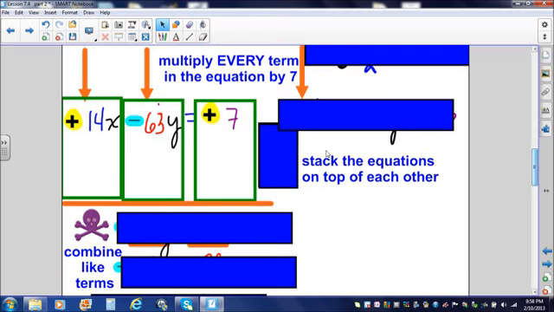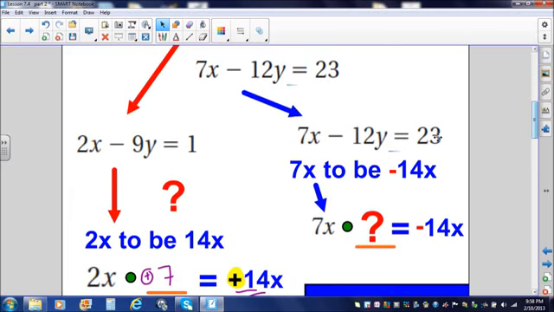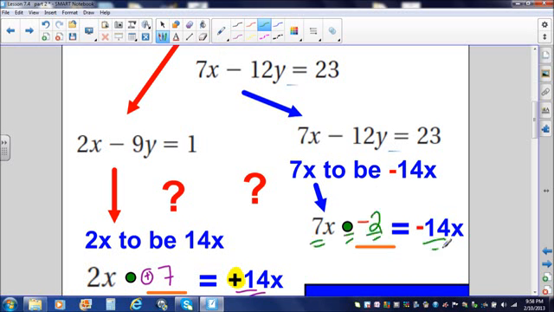So I have a positive 14x. I want a negative 14x now. So ask yourself, 7x times what number is going to give you negative 14x? If I multiply by a negative 2, 7 times negative 2 gives me negative 14.